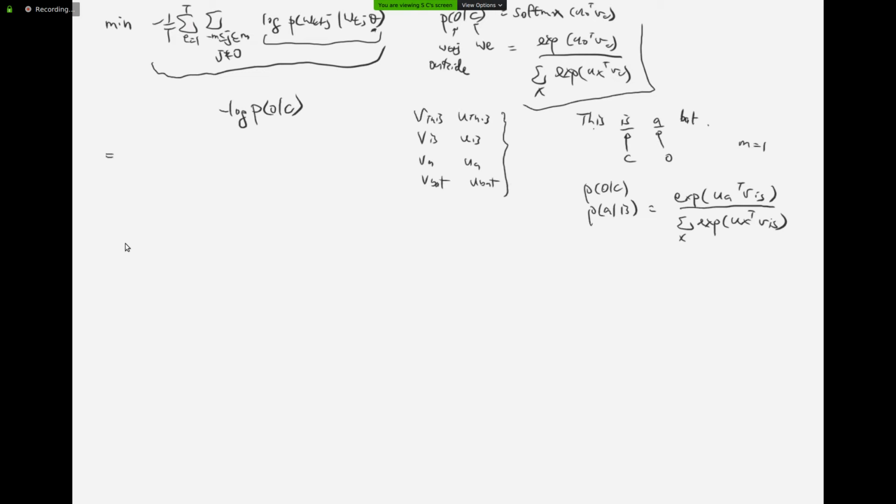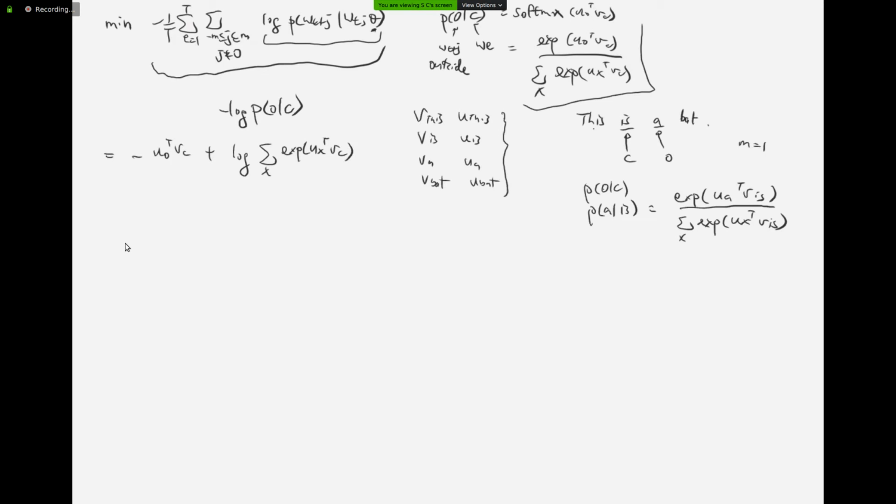Minus log P(O given C) should be equal to minus log of exponential of u_O transpose v_C plus log of this summation here. So therefore this should be equal to minus u_O transpose v_C plus log of the summation over x of exponential of u_x transpose v_C.